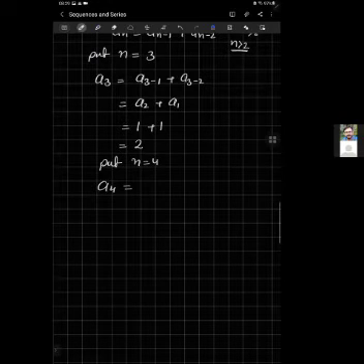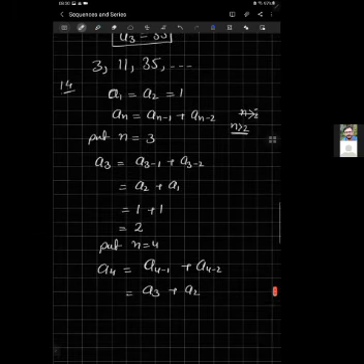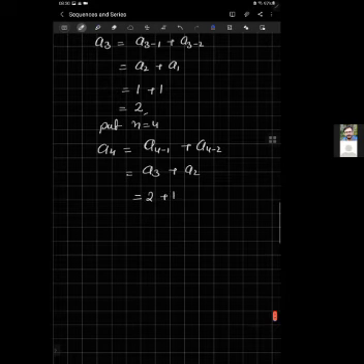Now next, put n equals to 4. a4 is equal to a(4 minus 1) plus a(4 minus 2), that is a3 plus a2. The value of a3 is 2 and a2 is 1. It becomes 3.